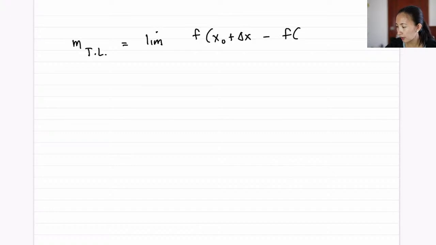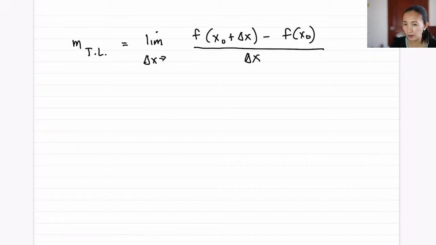The slope of the tangent line is equal to the limit of f of x naught plus delta x minus f of x naught over delta x as delta x approaches 0.